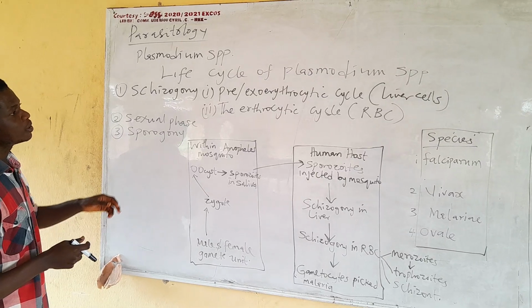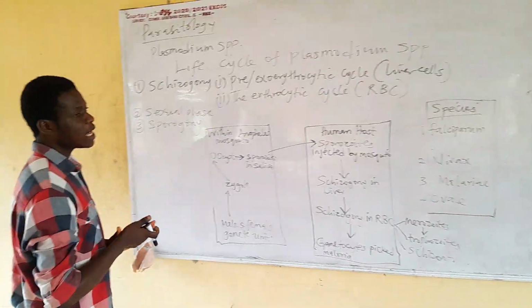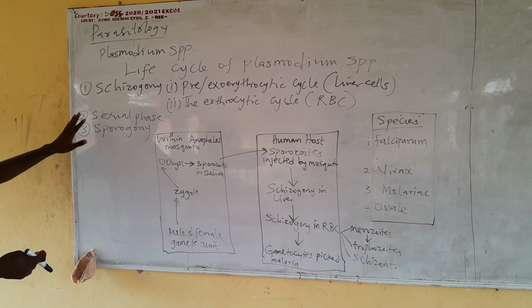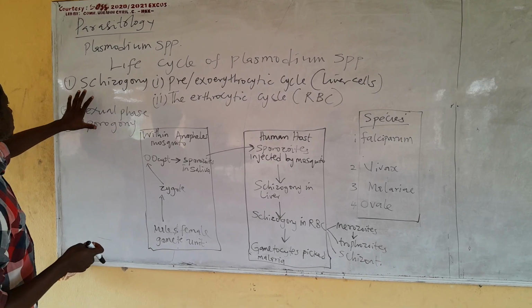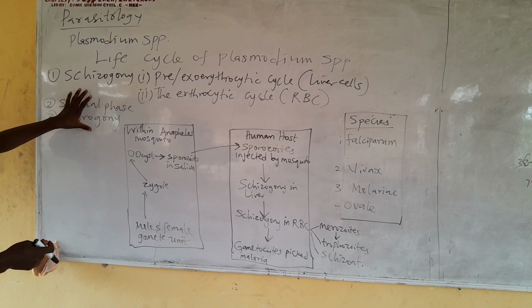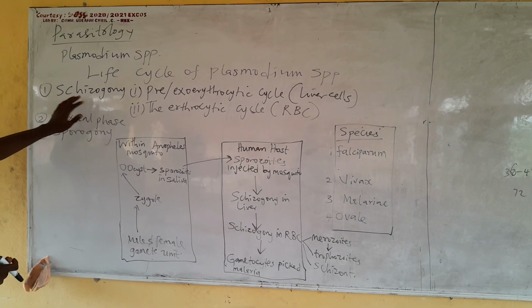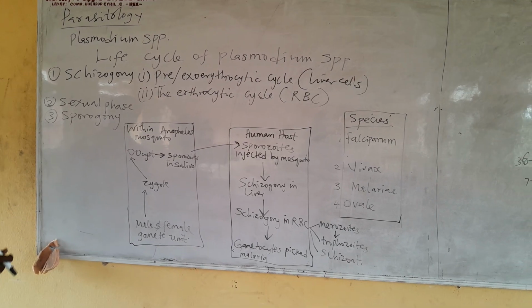Life cycle of Plasmodium species. Let's look at the life cycle of Plasmodium species. We have three main stages in this life cycle: the schizogony, the sexual phase, and the sporogony.